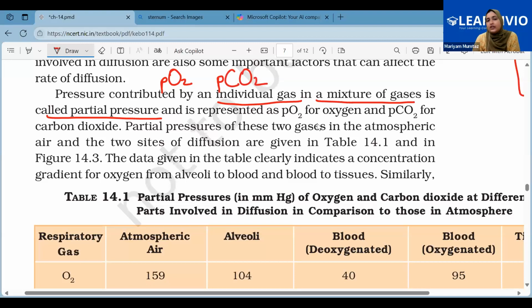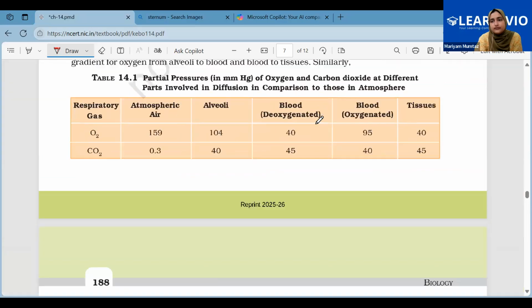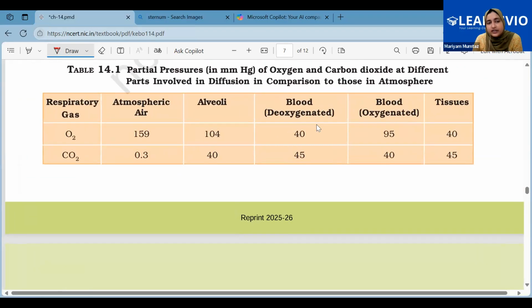Now, the partial pressure of these two gases in the atmospheric air and the sites of diffusion is given in the table. See this table: the respiratory gases, the first one is oxygen, the second one is carbon dioxide. We have the different areas. Atmospheric air, meaning the atmosphere.